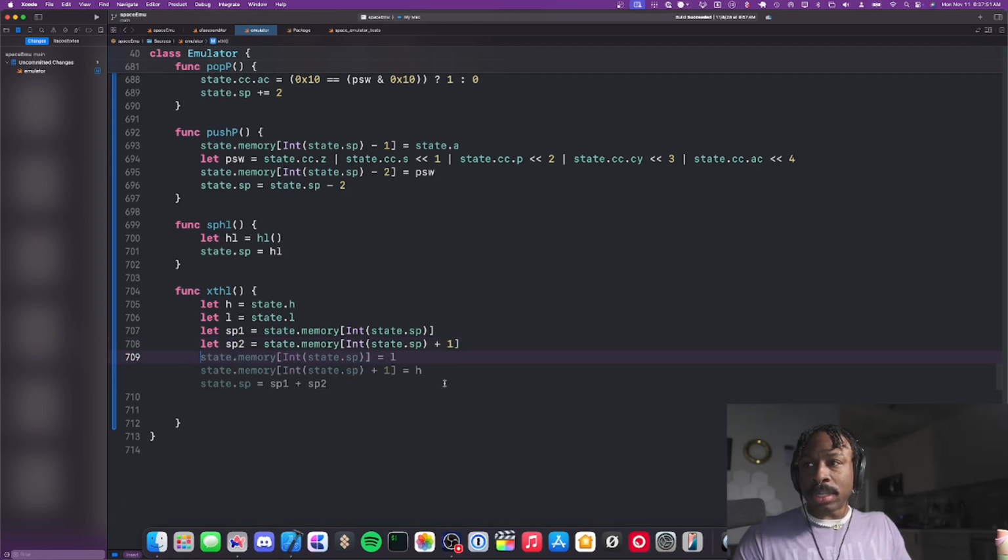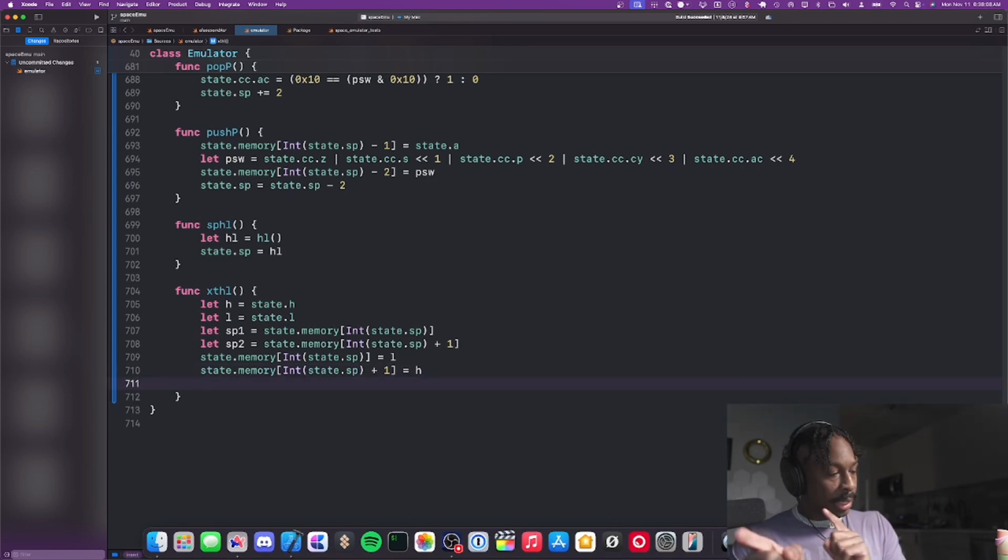Okay, state.memory equals L, H equals 1 plus memory, and then, no, what? I don't know what this last part is for. All right, so we got state.memory. Okay, we're set here.